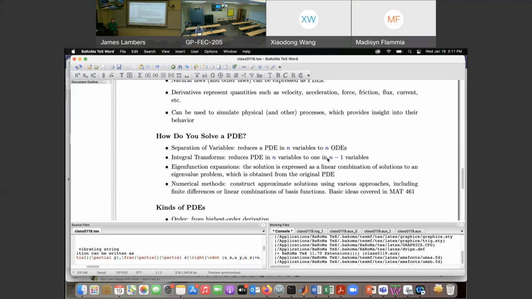An integral transform can eliminate one of them, so now it's reduced to an ODE. Then there's eigenfunction expansion, which is actually related to separation of variables. We can determine that the solution is a linear combination of certain functions like sines or cosines, and then we figure out what that linear combination should be, often by solving ODEs.